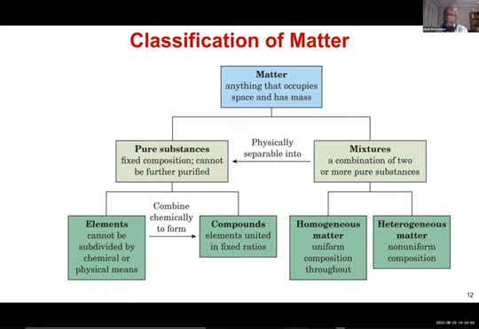That's done after fermentation of glucose or sucrose. That is converted into alcohol by fermentation. You can separate alcohol from water.